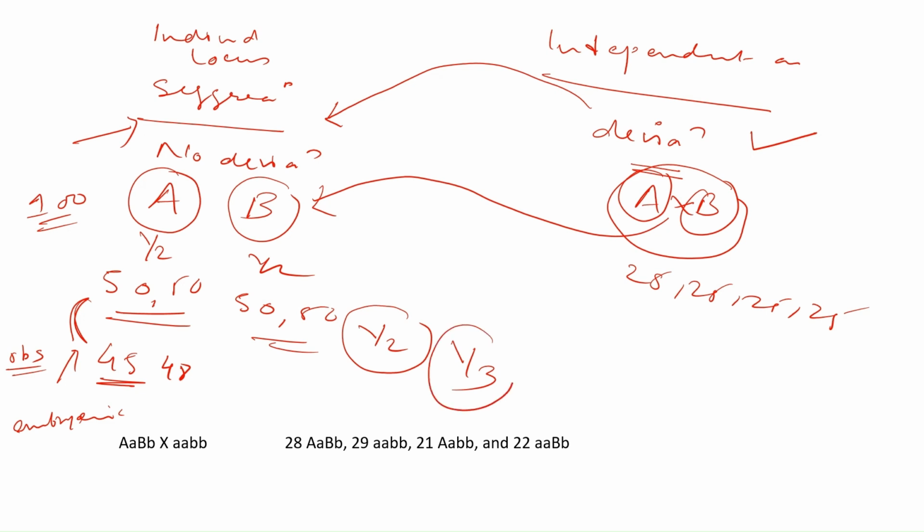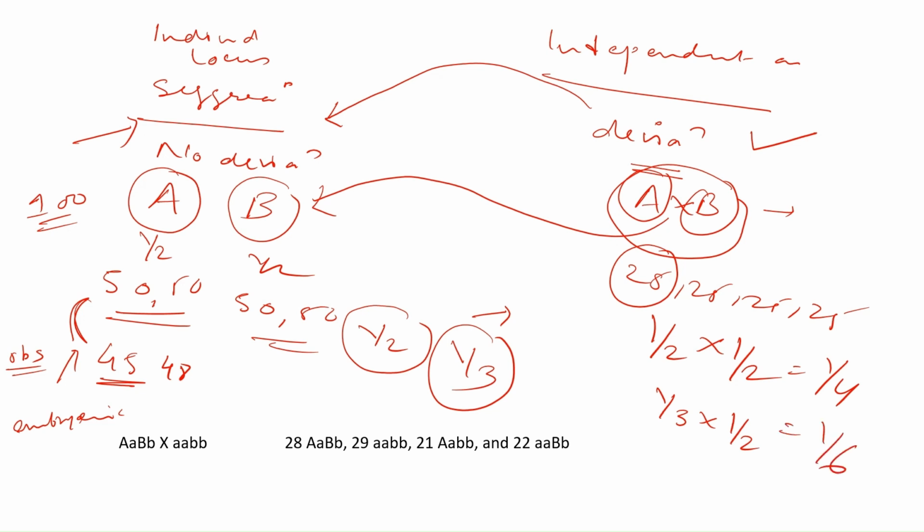When here it is 1/3, for independent assortment, what we are doing? Half into half, that is 1/4. Then only we are reaching to 25. But because in law of segregation, the ratio reduced to 1/3, we should multiply 1/3 into 1/2, that is 1/6. Therefore, we have to perform law of segregation first and then only independent assortment to tell whether the genes are linked or not.